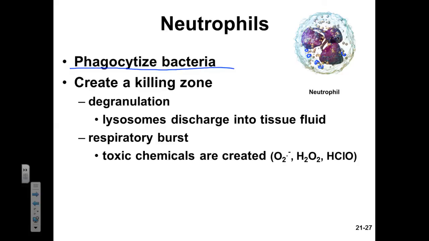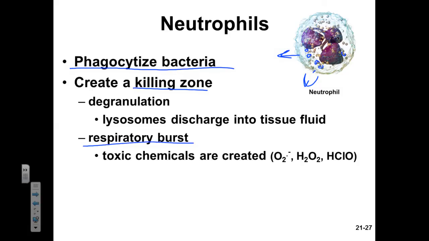We will have some phagocytizing of bacteria in our neutrophils, but what I really want you to focus on is the fact that they create the killing zone. This killing zone is a small area around the neutrophil where the chemicals contained in these granules are released to the extracellular environment. The granules will exocytose their chemicals, and those chemicals cause what's known as a respiratory burst.